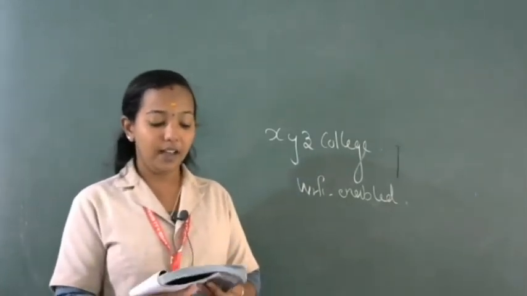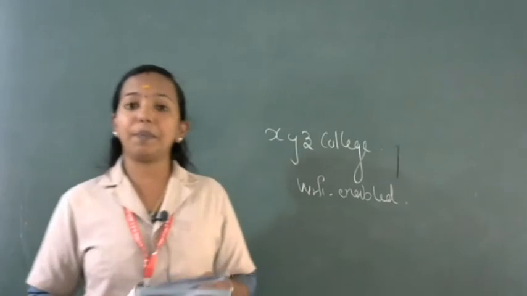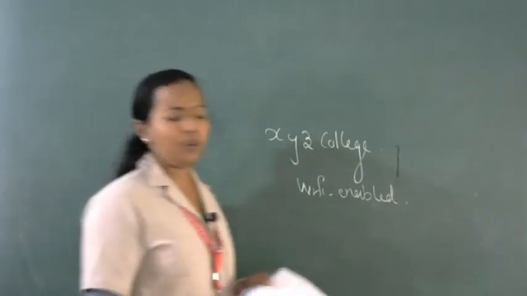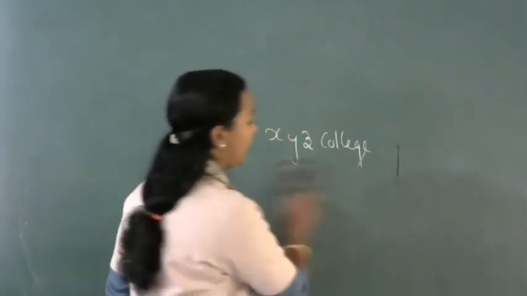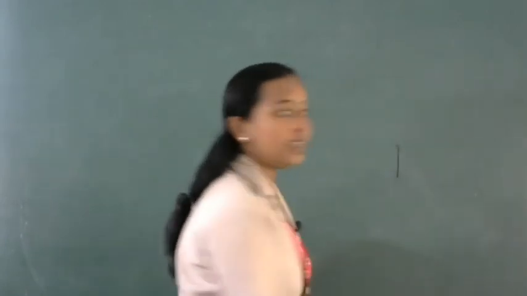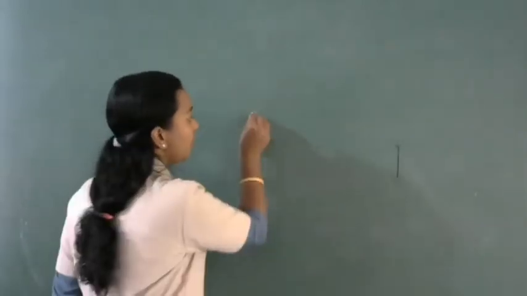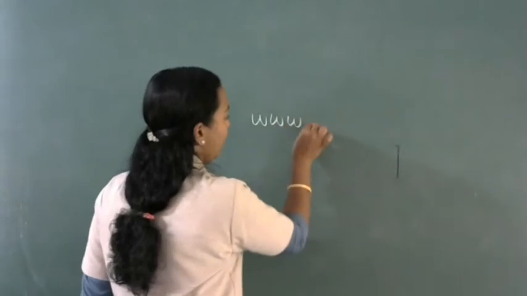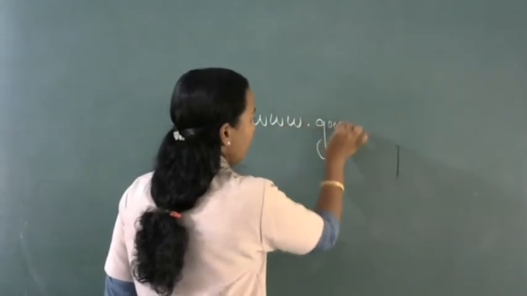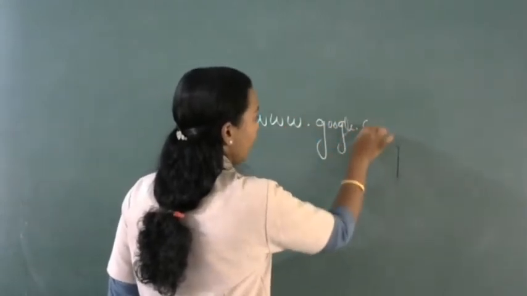Next one, Madhu needs to prepare a presentation. That means any of the students needs to prepare a presentation. Presentation means we can make use of MS PowerPoint for creating the presentation. Then, for this, he uses www.google.com.